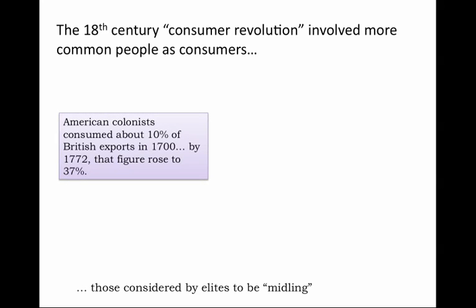American colonists consumed about 10% of British exports in 1700. By 1772, that figure had risen to 37 percent. So a full third of all British exports, that is manufactured goods leaving England, were purchased and used by those living in the 13 colonies.